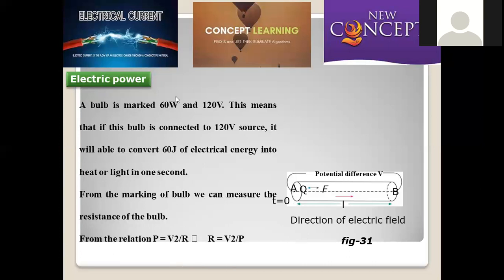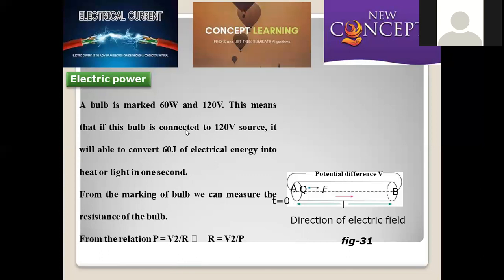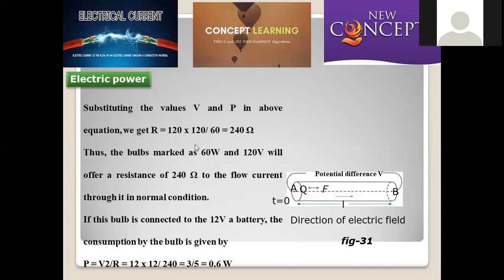Here we already know the voltage is 120 and the power consumption is 60 watts. So it will be 120 into 120 by 60, which becomes 240 ohms. Thus, a bulb marked 60 watts and 120 volts will offer a resistance of 240 ohms to the flow of current under normal conditions.